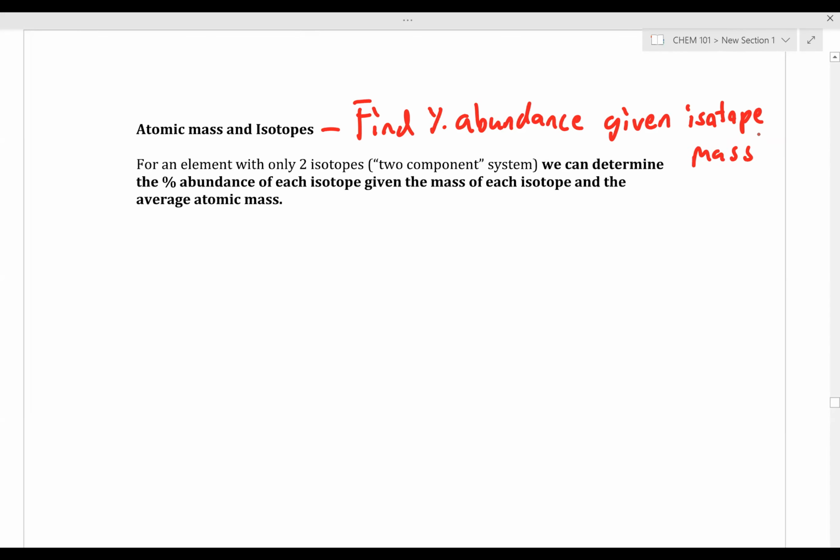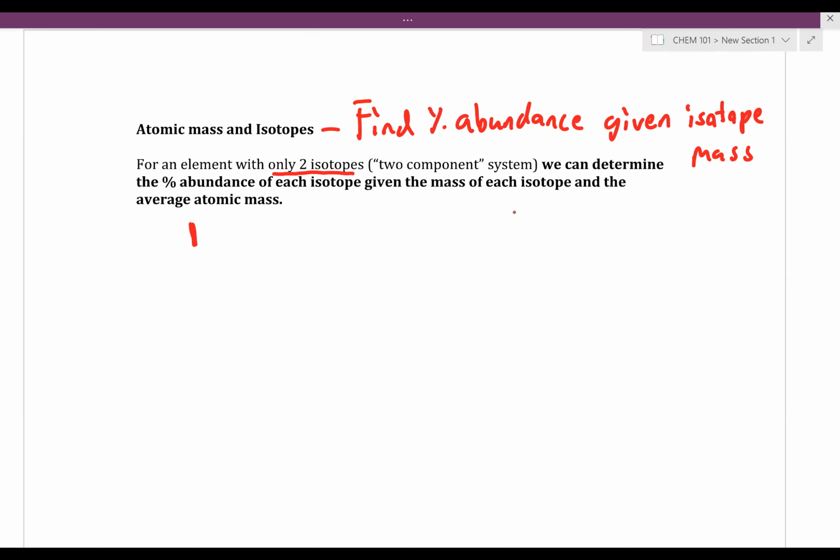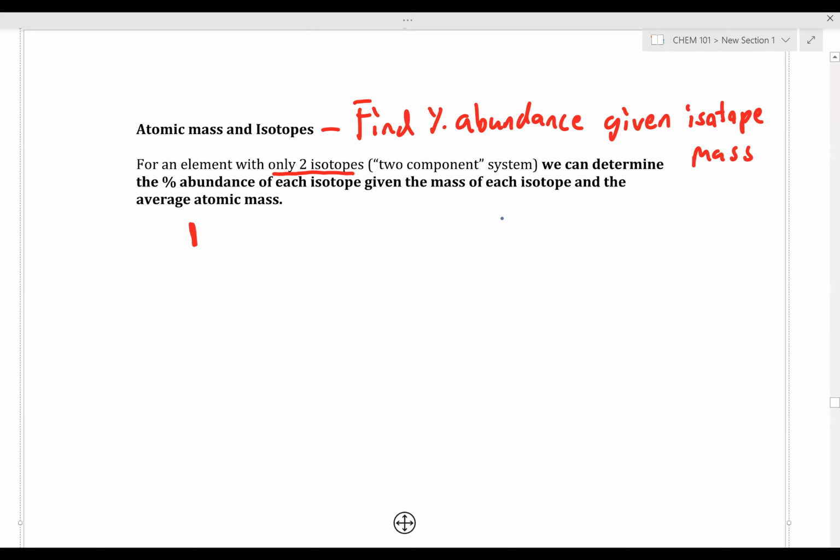So let's start off with a simple premise. If we have an element with only 2 isotopes, let's call this isotope 1, and let's use a different color for isotope number 2.